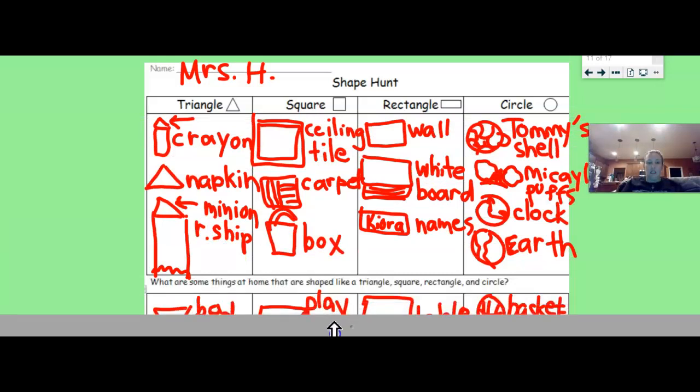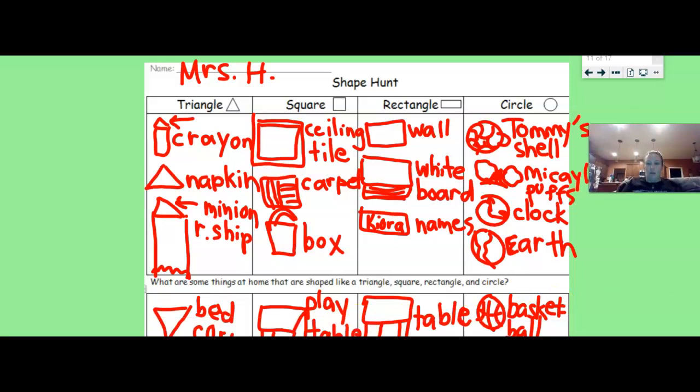These are some of the things that we found that were shaped like a triangle, a square, a rectangle, and a circle. Okay, like a crayon is kind of like a triangle on top, the top of the ceiling, or a carpet. Square is like a square. Bricks in the wall are like a rectangle.